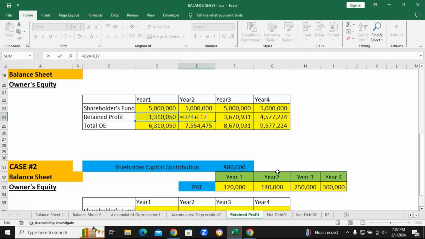Then I'll solve it and show case 2 also, but I wanted you people to try it out first.